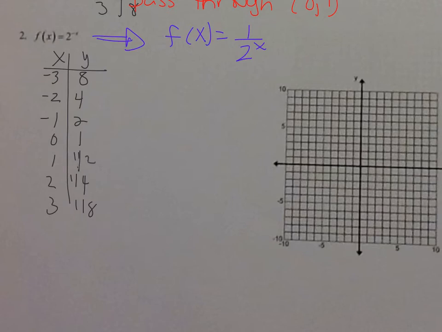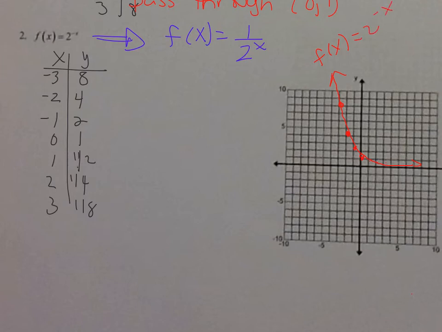Okay, so let's plot the points. Okay, so it looks like this. All right, so this is f of x equals 2 to the negative x power.